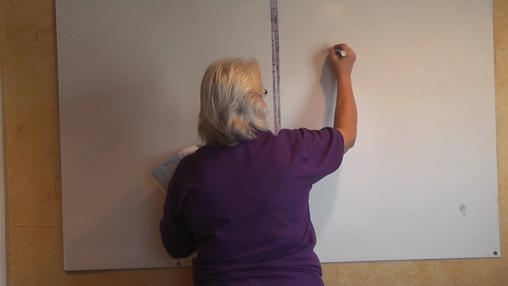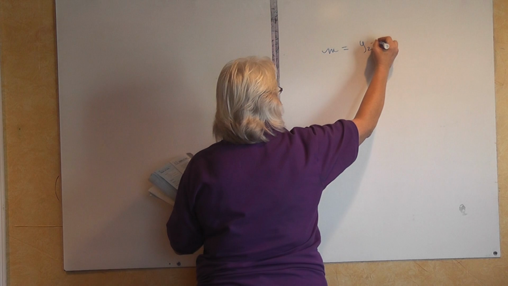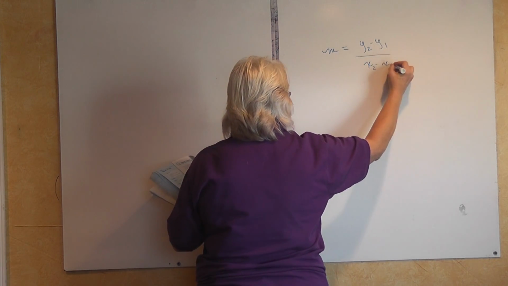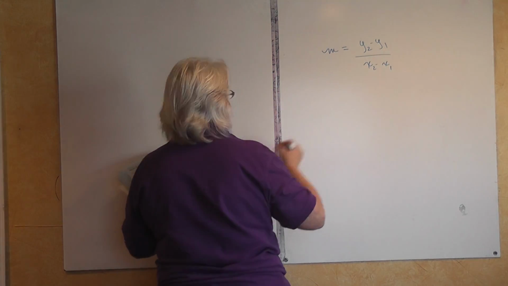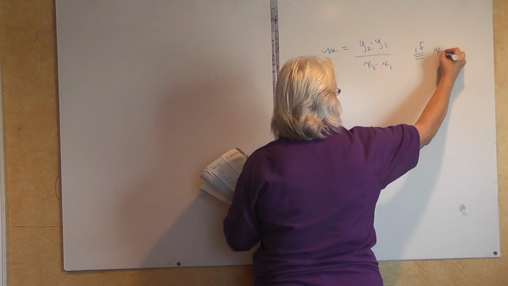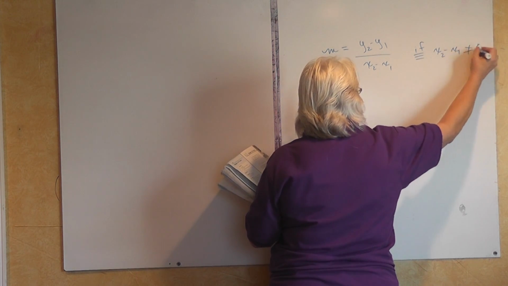And this you do need to memorize. It says m is equal to y sub 2 minus y sub 1 divided by x sub 2 minus x sub 1, if x sub 2 minus x sub 1 is different from 0.